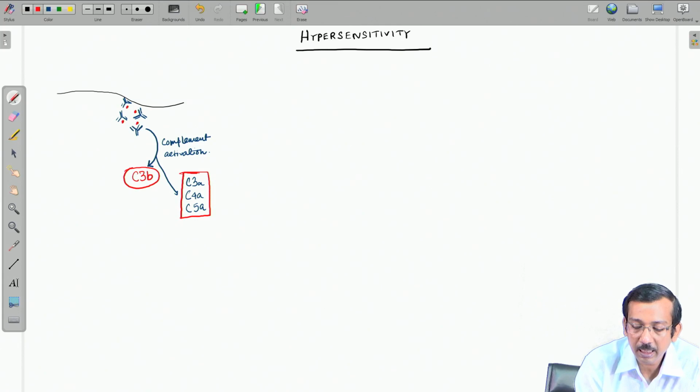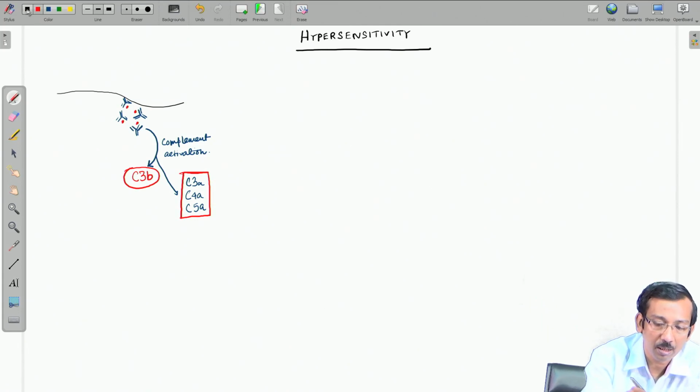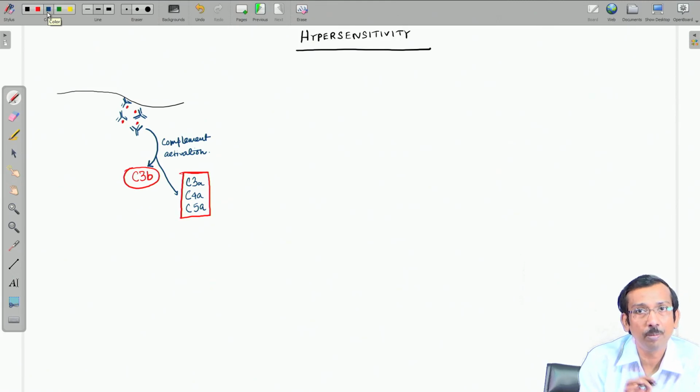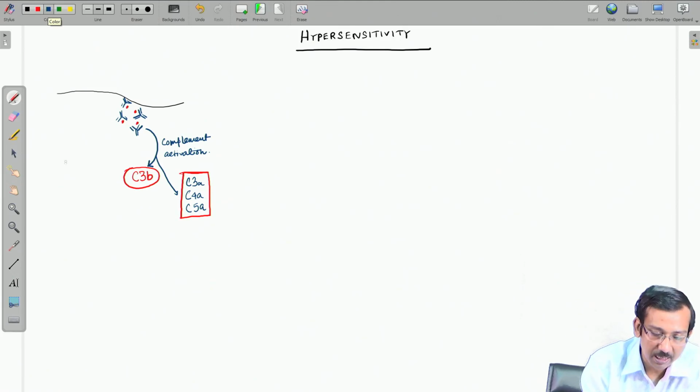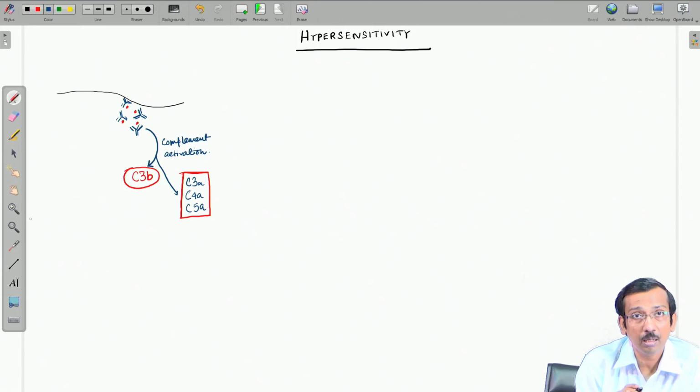Now, this C3b can actually bind to the surface of the cells, and they can also bind to the cell surface receptors as well.